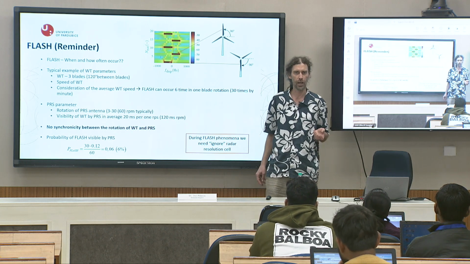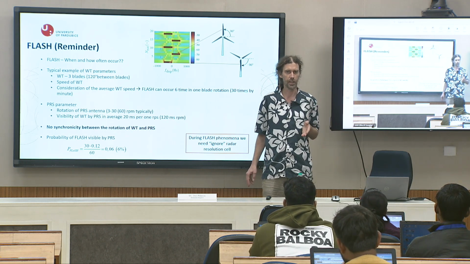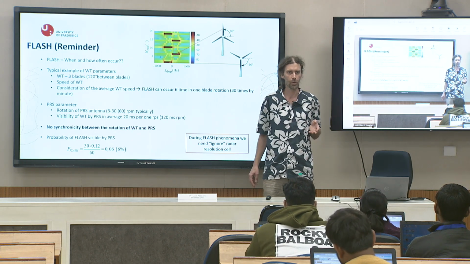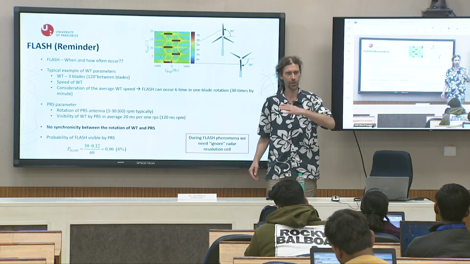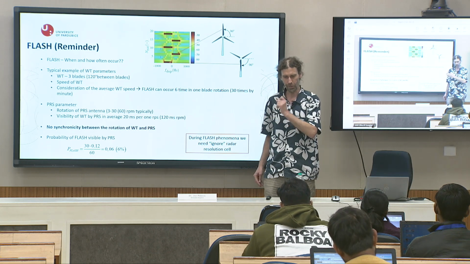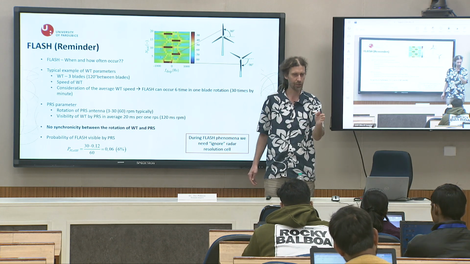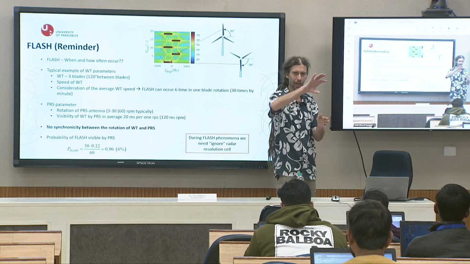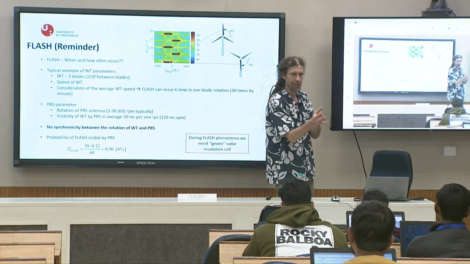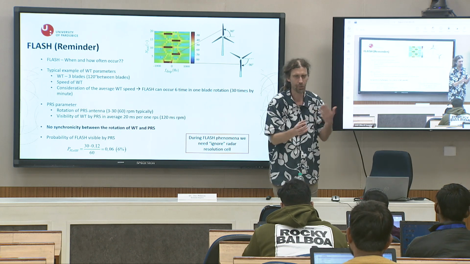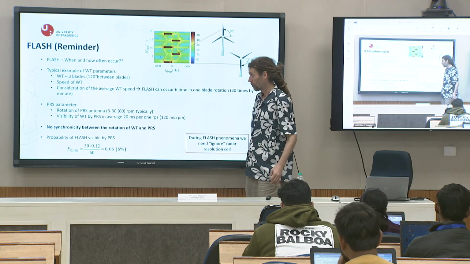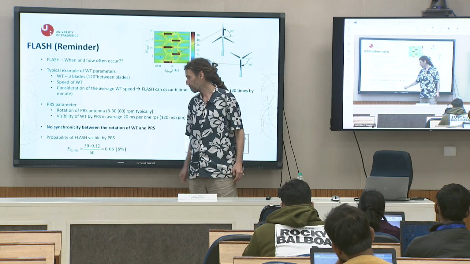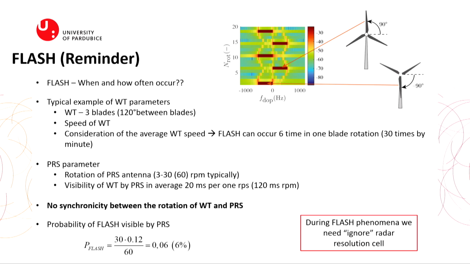If they were synchronized, as we already saw in this output, it would look like a static target, because when the PRS antenna illuminates the wind turbines, the blades would always be in the same position, so it looks like a static object. The probability of flash visibility by the PRS, computed from some typical values, is about 6%.